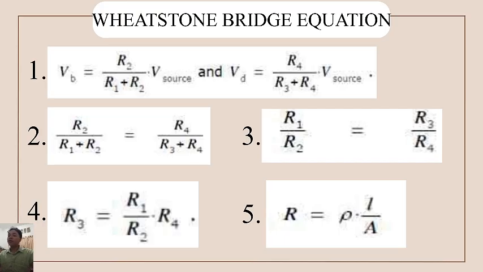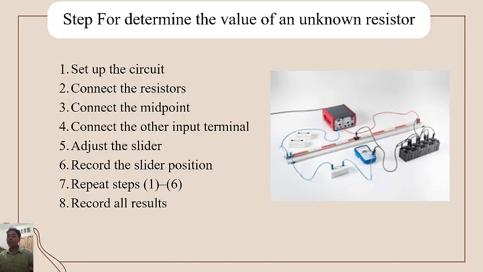And the next after the equations are the steps for determining the value of an unknown resistor. Number 1 is set up the circuit. You can use the connection box to place the unknown resistor in the setup serving as R1 and the known resistor serving as R2. Number 2 is connect the resistors to the output terminals of the power supply with the red and blue cables. And number 3, connect the midpoint between the two resistors to one input terminal of the ammeter.